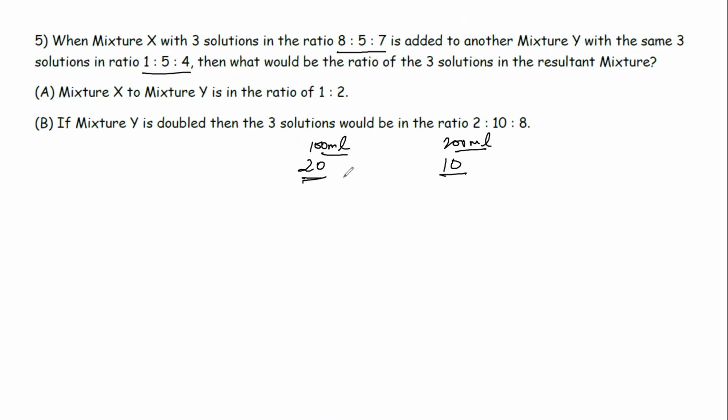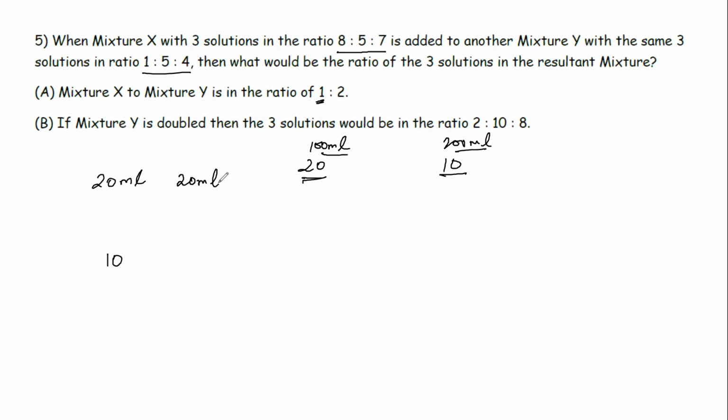So let's first try 20 ml and 20 ml. Suppose the first one was 20 ml, so it is one part, and the second one came to 10 parts, but we'll take it as 20 ml again. Then 8 and 2 parts of this gives us 10.